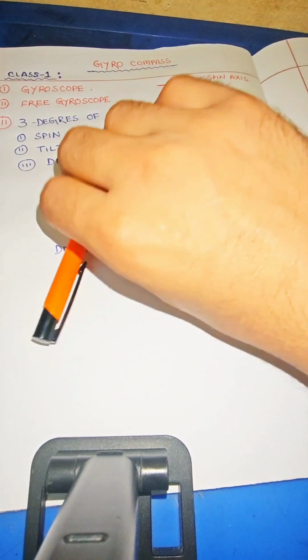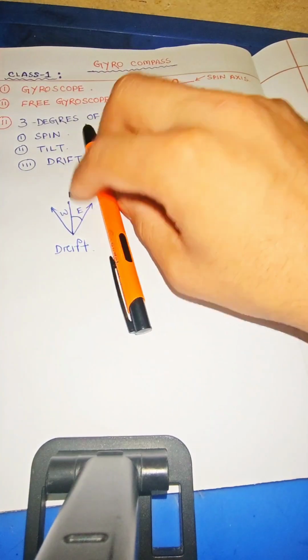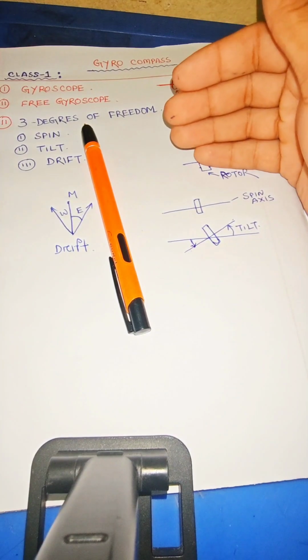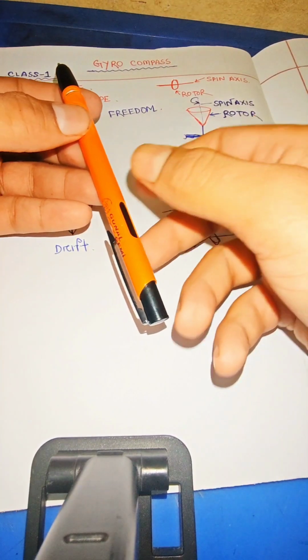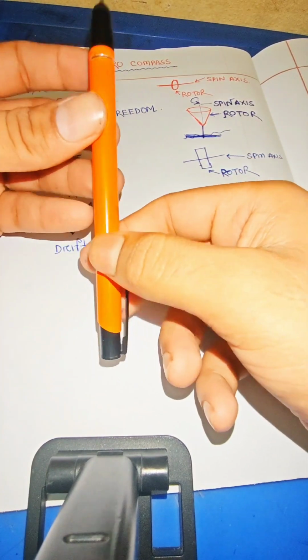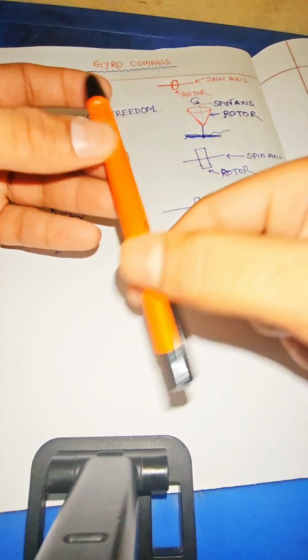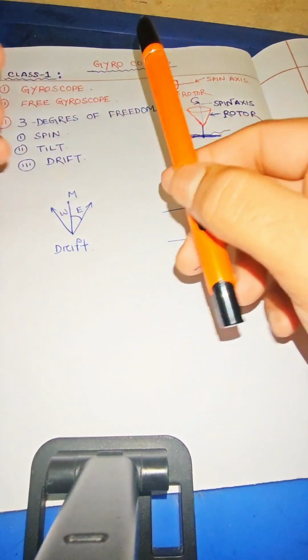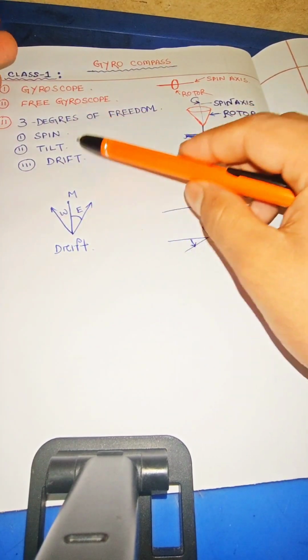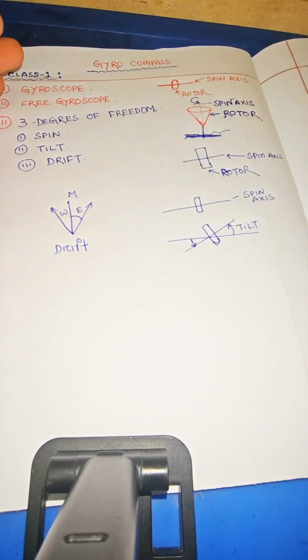And remember, it depends on the latitude also, because in each latitude it varies. Okay, so remember guys, spinning, tilting, drifting, if you can imagine this one, then it's okay, guys. And this tilt, drift come from the earth rotation.